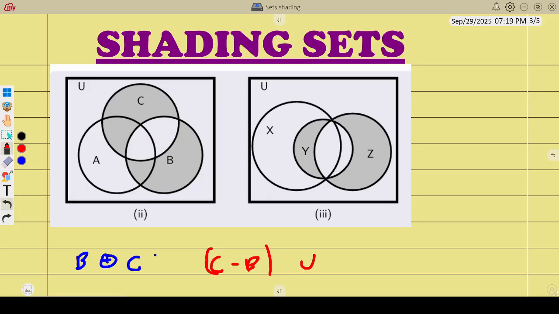Down here we have shaded B, but C is not shaded. So this is the other way of how you can answer this. For the third one, I think I'll leave it.